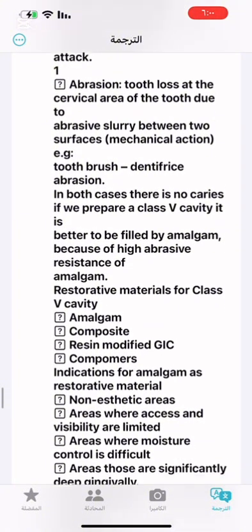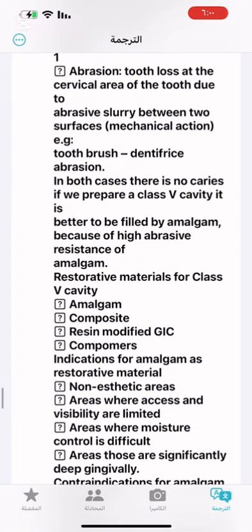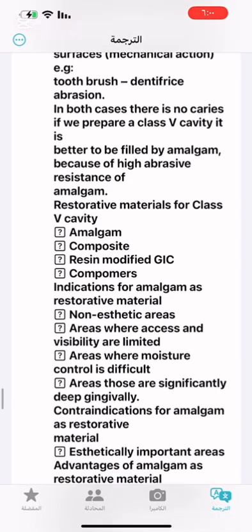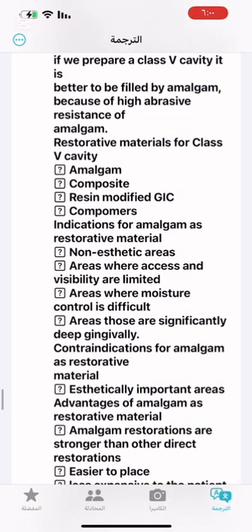If we prepare a Class V cavity, it is better to fill it with amalgam, because of the high abrasive resistance of amalgam. Restorative materials for Class V cavity: amalgam, composite resin, modified GIC, compomers.